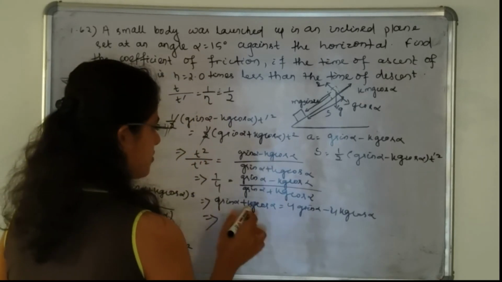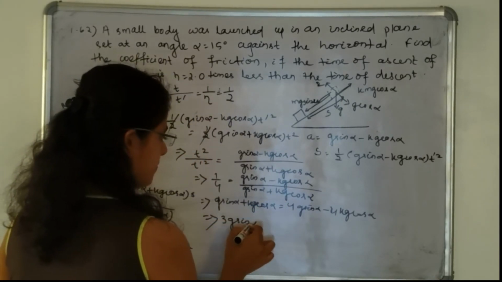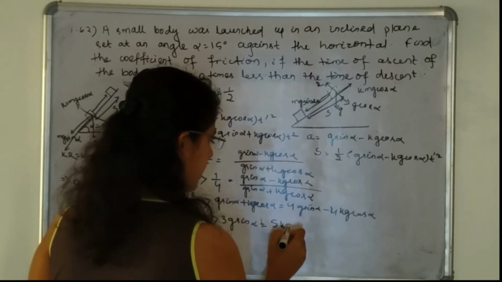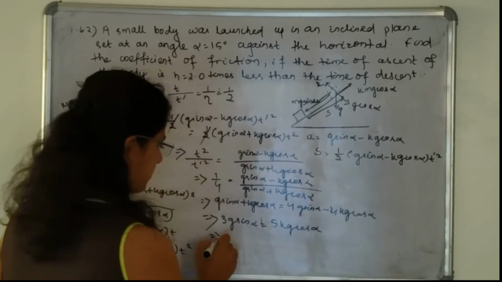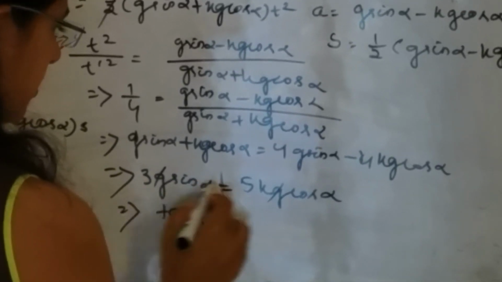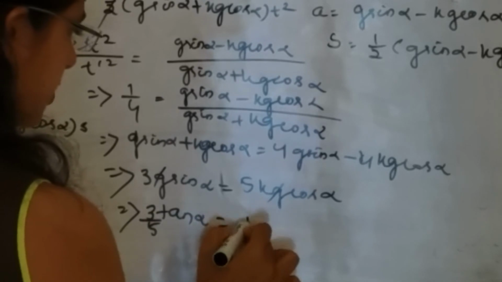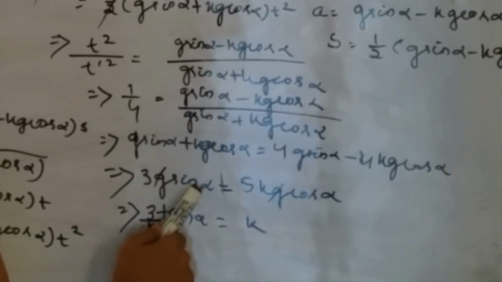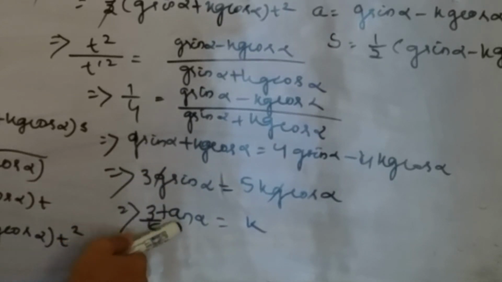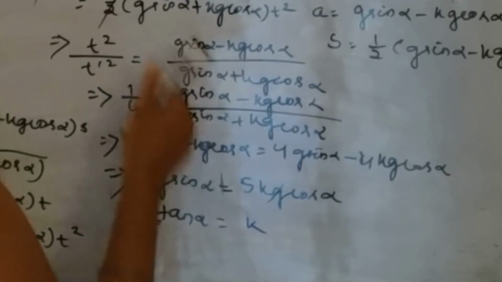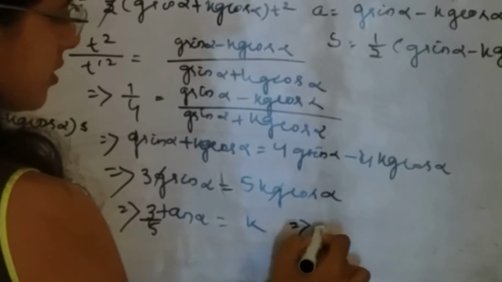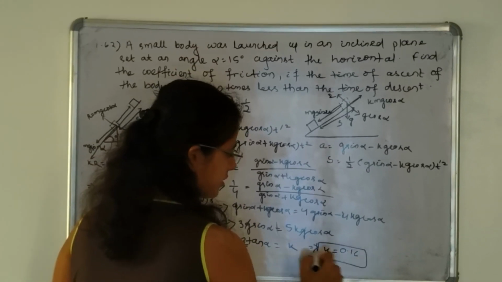So this will be 3g sin alpha is equal to 5kg cos alpha. g cancels out, and cos alpha taken to this side gives tan alpha, and 5 taken to this side, so 3 by 5 tan alpha is equal to k. Put the value of alpha as 15 degrees: 3 by 5 into tan 15 degrees. Calculating this, the k value will be around 0.16.